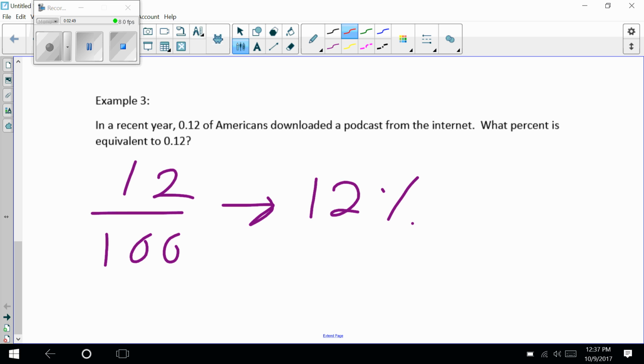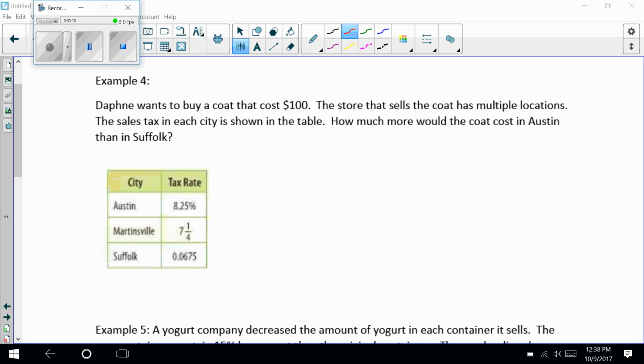If we look up here at our decimal, if I move my decimal place 2 places to the right, which is the same as multiplying it by 100, then that also gets me 12%. So either way is acceptable. You need to be familiar with both ways, but you may choose the way that you like to work with. Okay, let's look at example number 4 now.